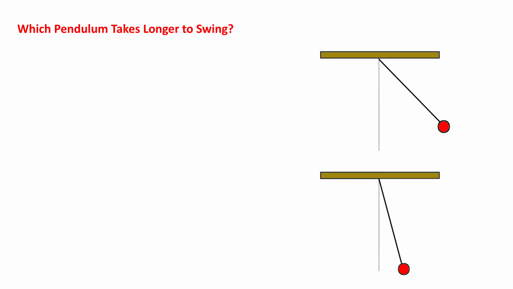Now the question is, which of these two pendulums swings faster or longer? They're of the same length and the same mass, but the top one is starting this oscillation at a larger angle. So which one would you say has a larger period?